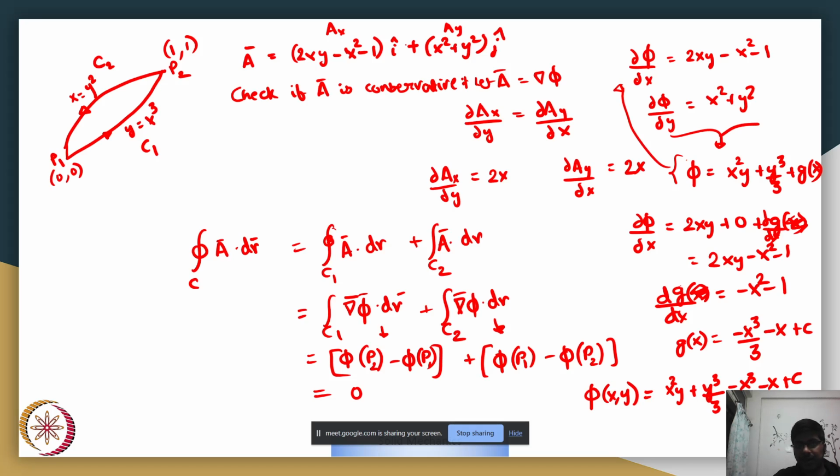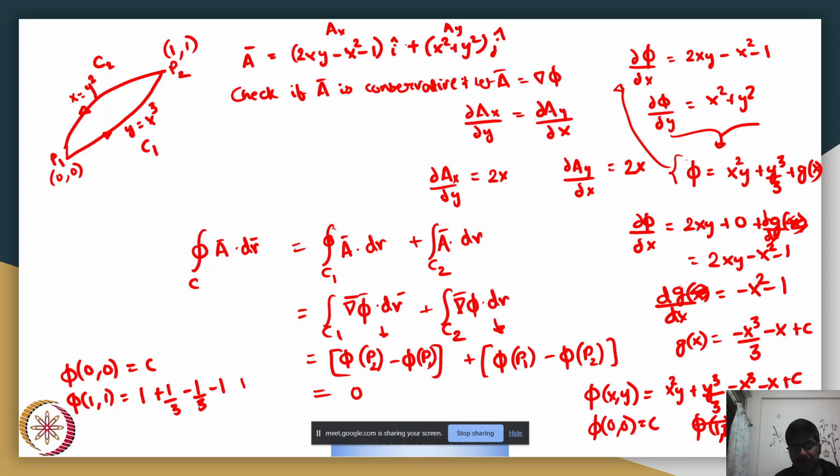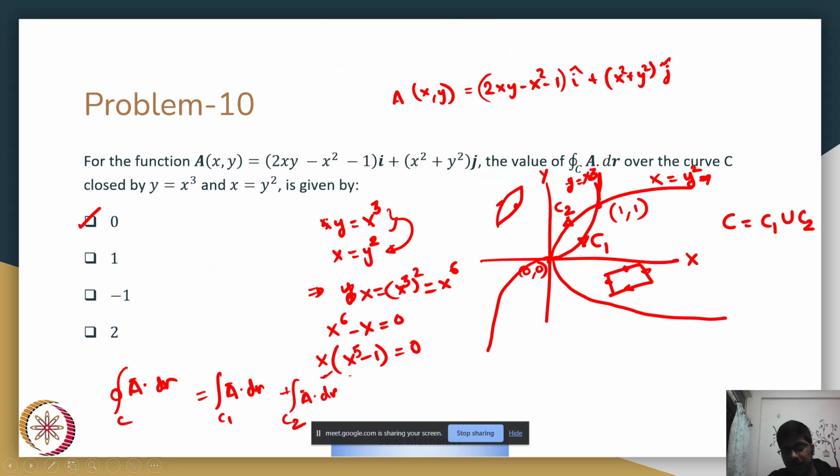That can be confirmed directly by looking at phi of x, y also. Phi of 0, 0 would be equal to c, phi of 1, 1 would be equal to 1 plus 1 by 3 minus 1 by 3 minus 1 plus c. So the points (0, 0) and (1, 1) in a sense are equipotential.